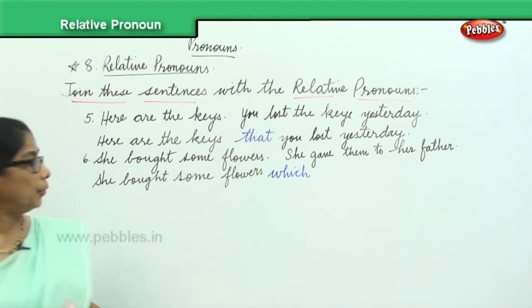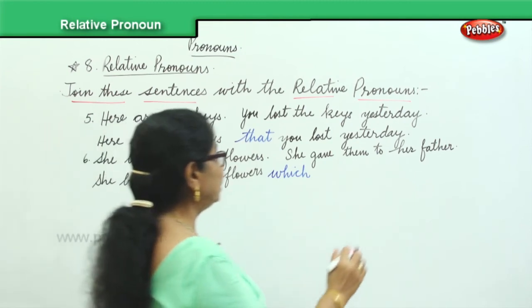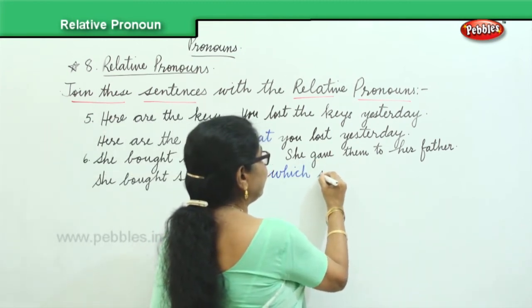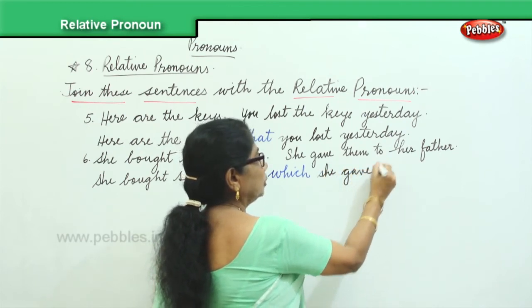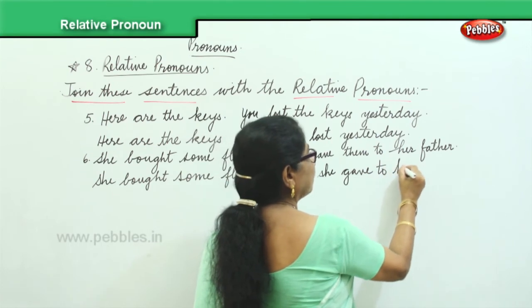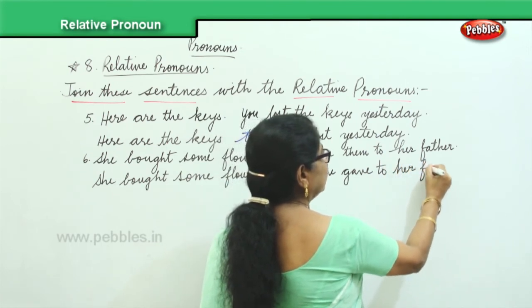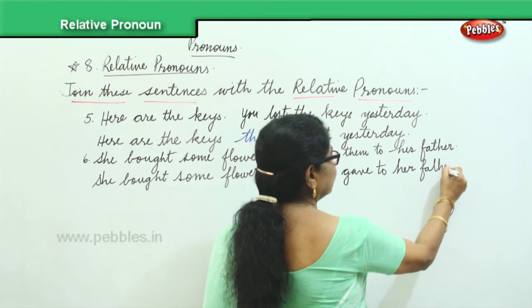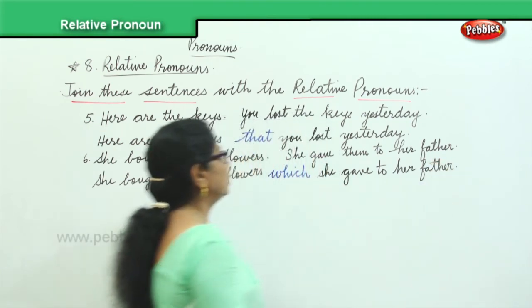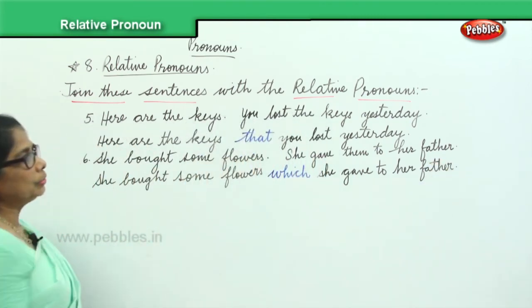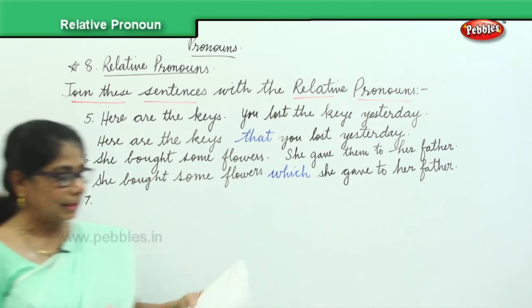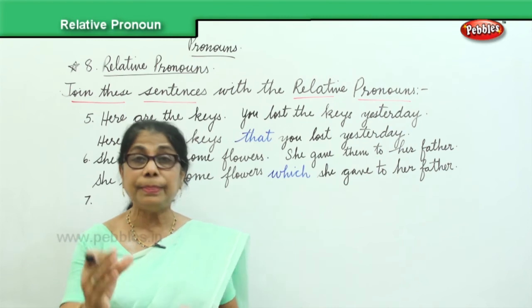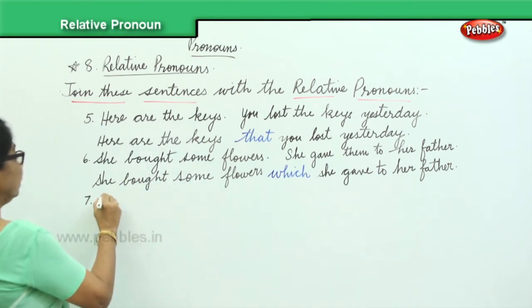Okay? So, she bought some flowers which she gave to her father. Okay? So, we have two sentences. We use the relative pronoun which and we join the two sentences. Another sentence I have for you is, this is the church.